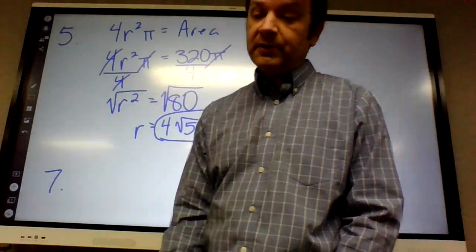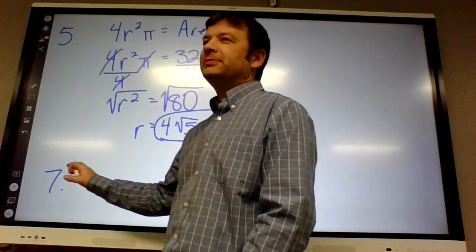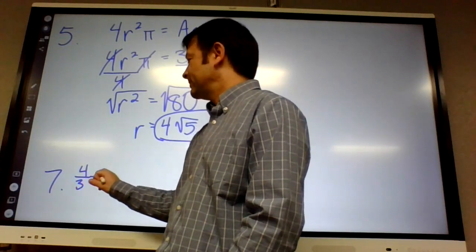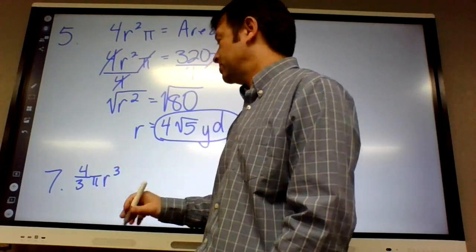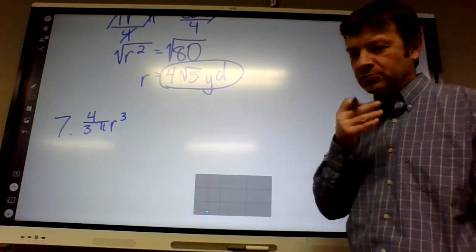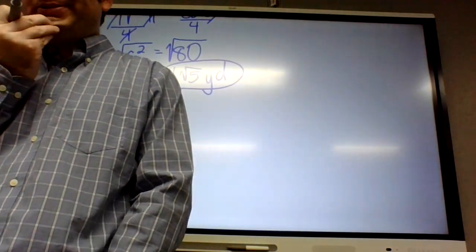Number 7. Find the volume. You guys remember the volume formula? 4/3 pi r cubed. I'm pretty sure I saw a Star Trek movie and Spock was saying that one. Alright.